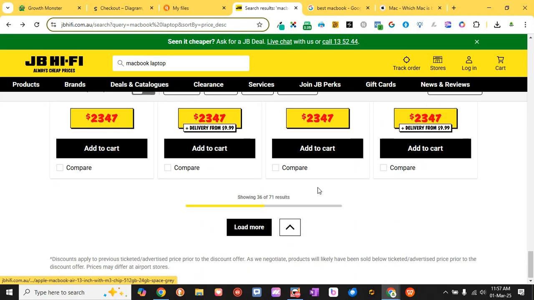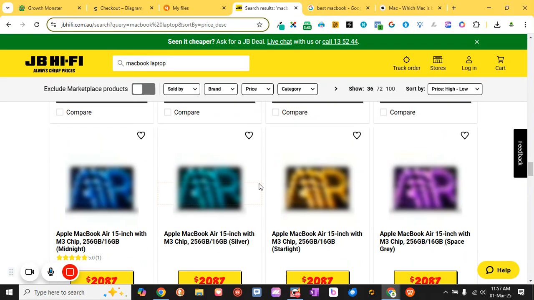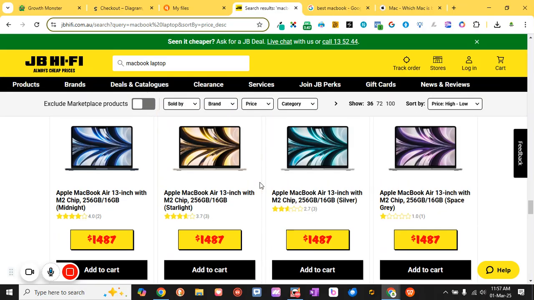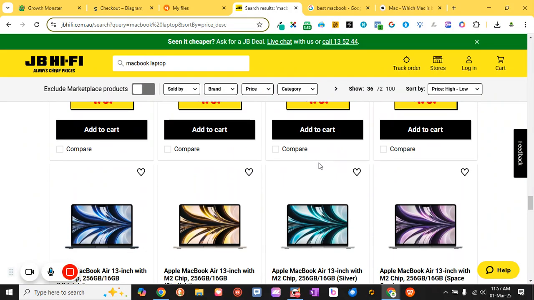All right, so if we keep going, load more and go down in price.